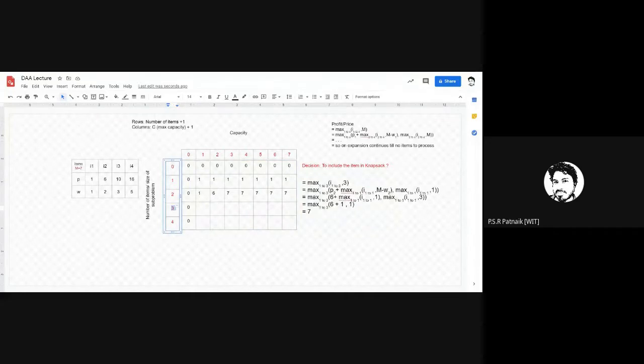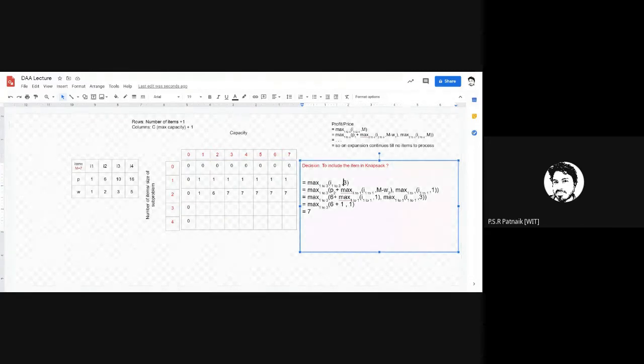Items to process are 3, which means that it would be I1, I2, I3, and what I have, sack capacity is 1. So if this is the case, then what you will get here, if you include this third element, profit would be 3.